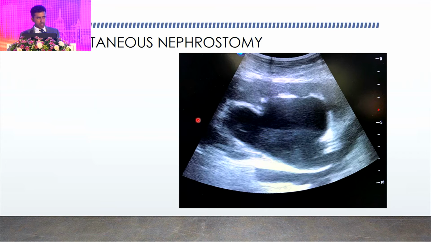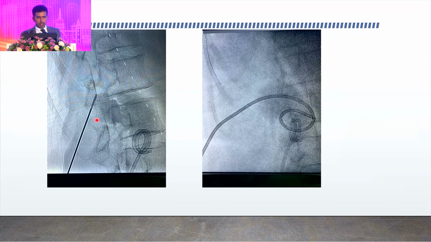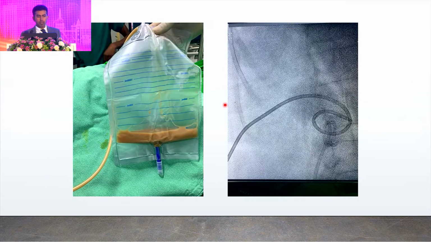This is one such example of a moderate to gross hydronephrosis and proximal hydroureter. After getting the access via percutaneous puncture under ultrasound guidance, the nephrostogram revealed obstruction and the blockade of the existing DJ stent. And following insertion of the nephrostomy tube, there was thick pus.